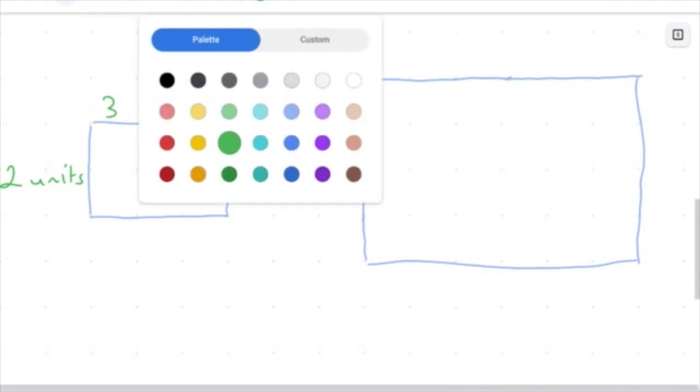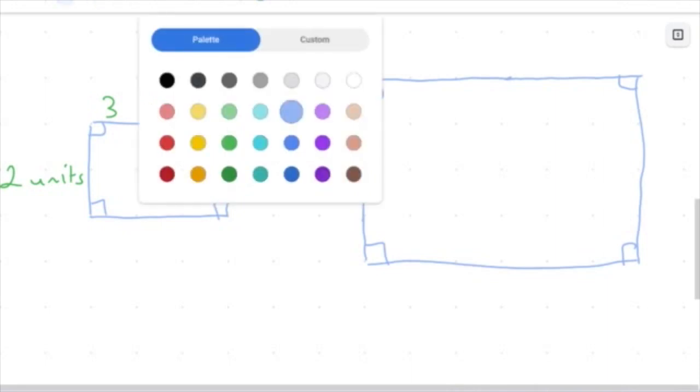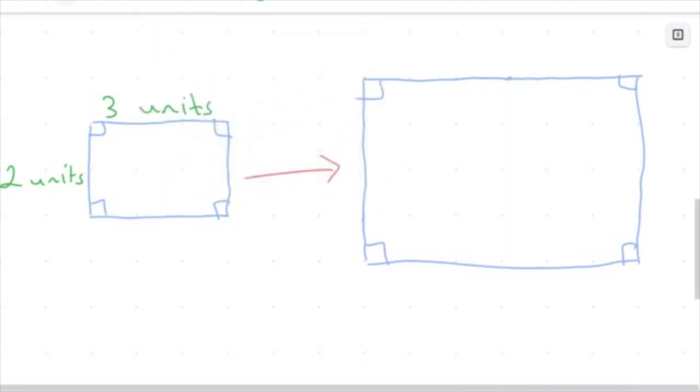Now, I should say as well, these all have 90-degree angles for rectangles. We've covered this before. And all of our angle sums in our quadrilaterals, specifically rectangles as well, add up to 360 degrees. Now let's count how long these same two dimensions are on my bigger shape.